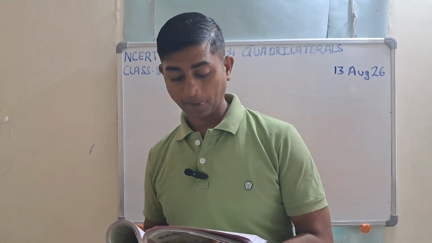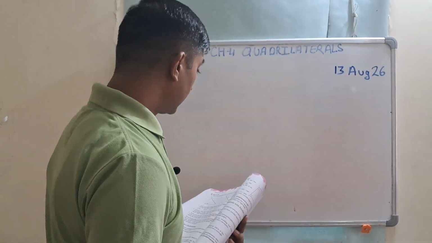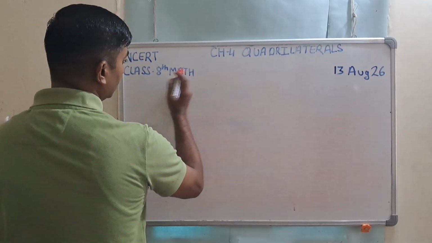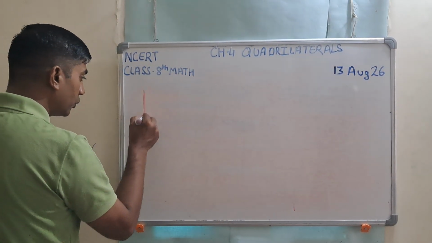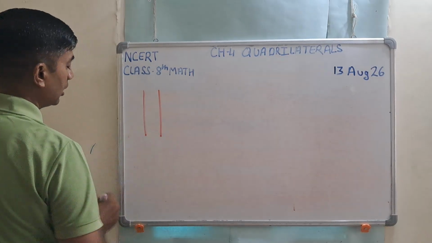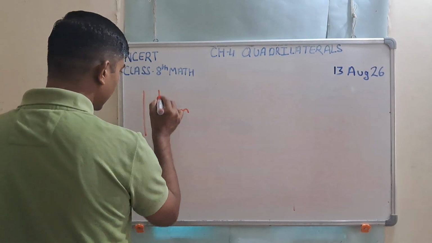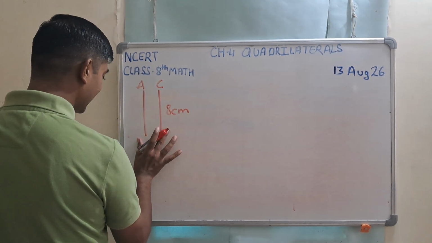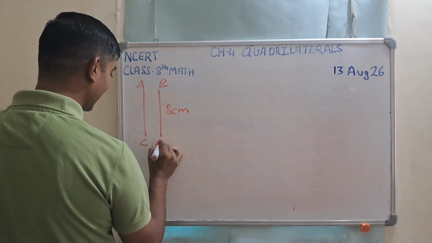Now see, this is the question we have been discussing from the start of the chapter, that we have two line segments, each having 8 centimeter length.